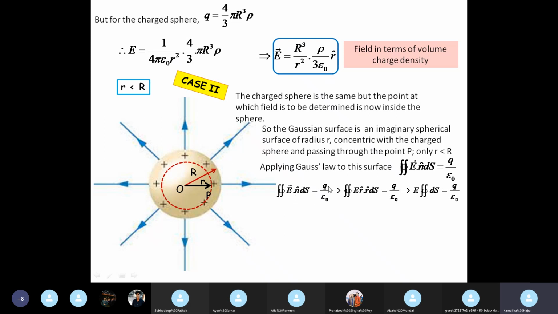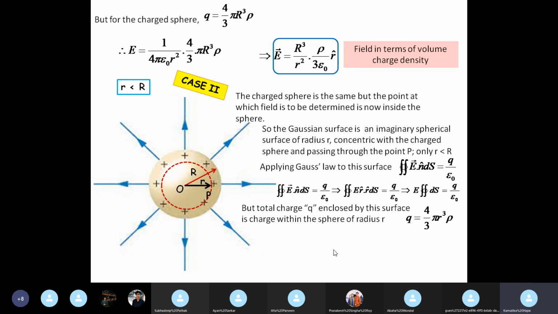E is still along the radial direction, n cap is still along the radial direction. So E r cap dot r cap dS gives us E integration dS equal to q by epsilon naught. This integration dS is still the surface area of this Gaussian surface, so it will be 4 pi r square.